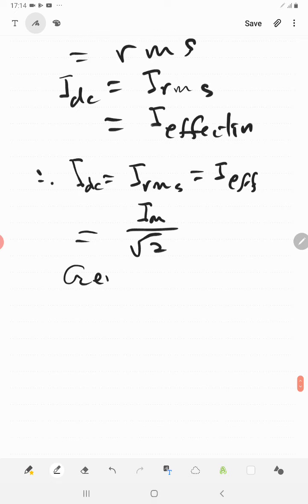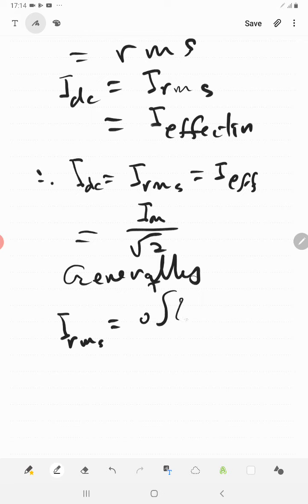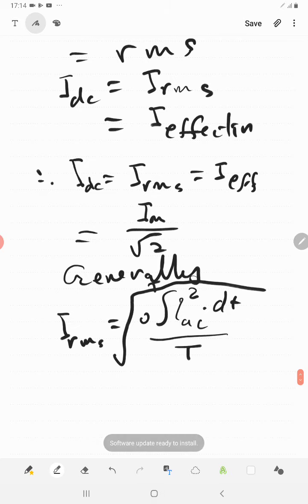Generally, IRMS is equal to the root of the integration from 0 to T of IAC squared dt divided by T. Okay, so this is the RMS value.